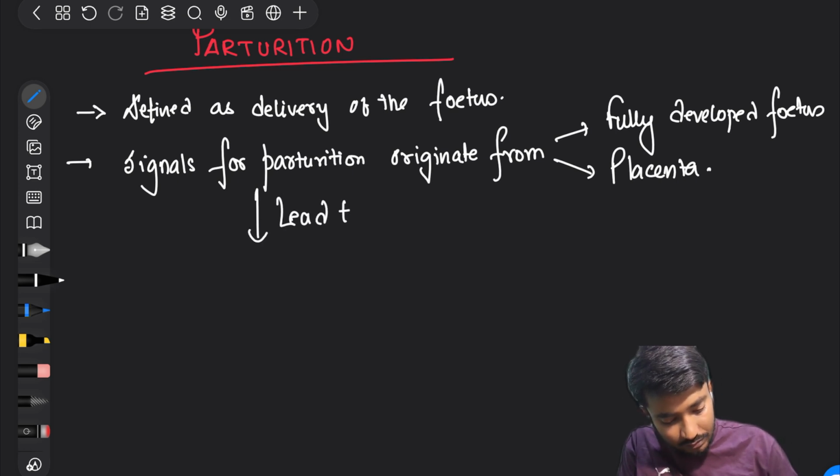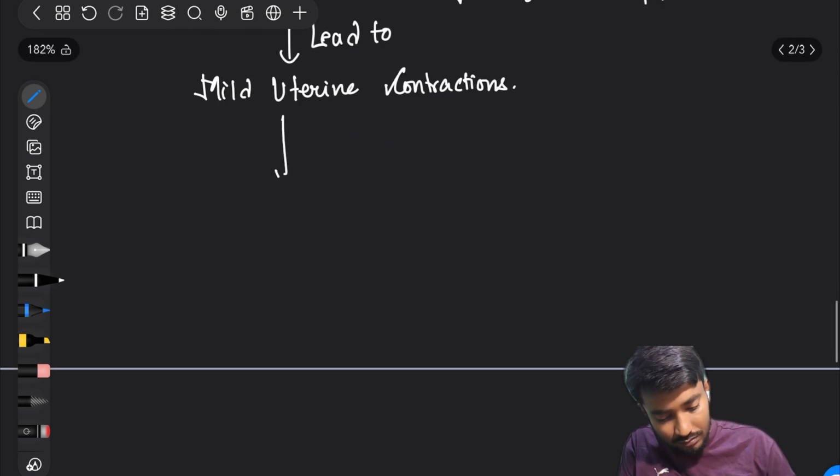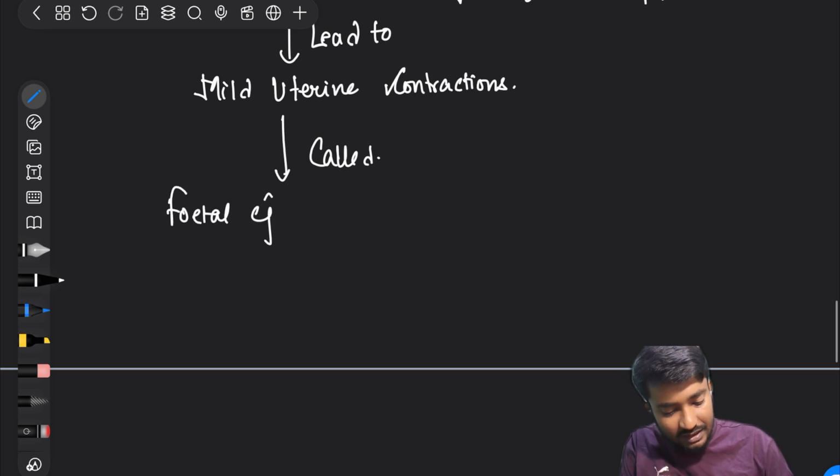And it leads to mild uterine contractions. It is called the fetal ejection reflex.